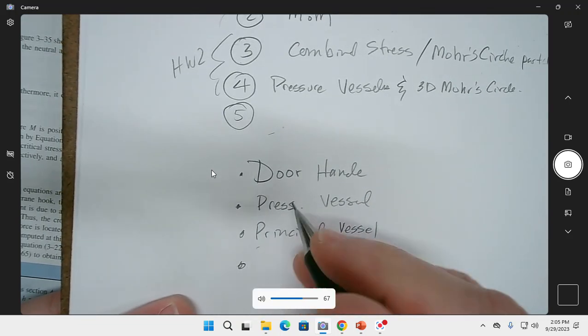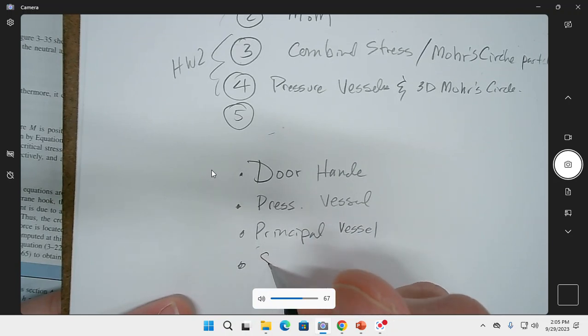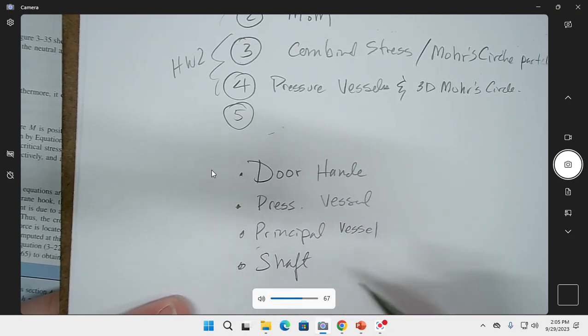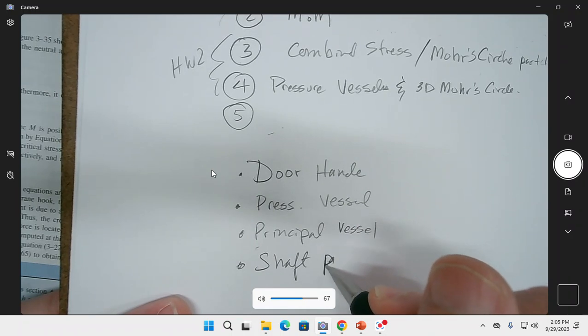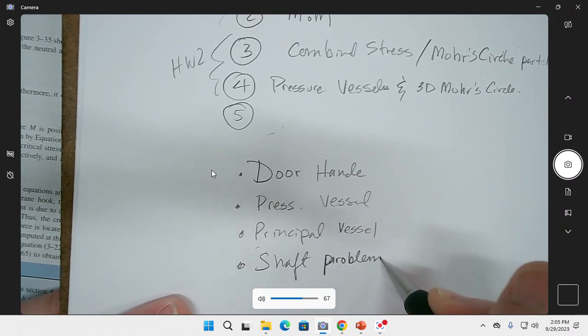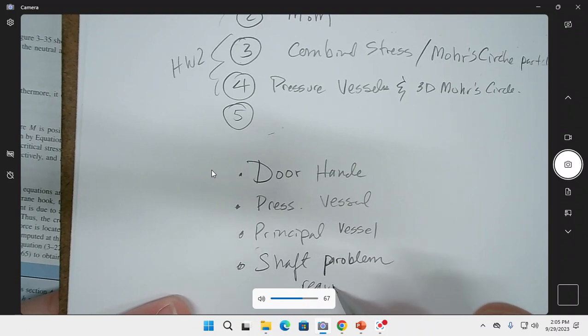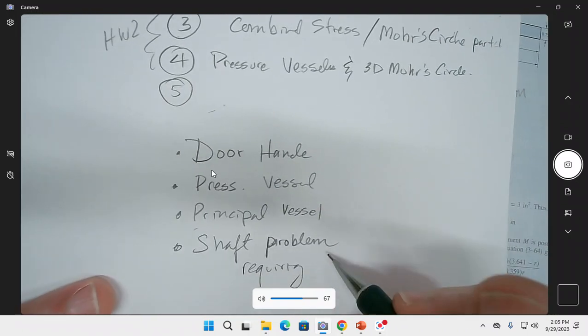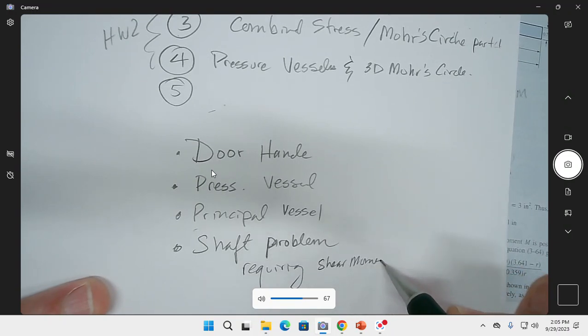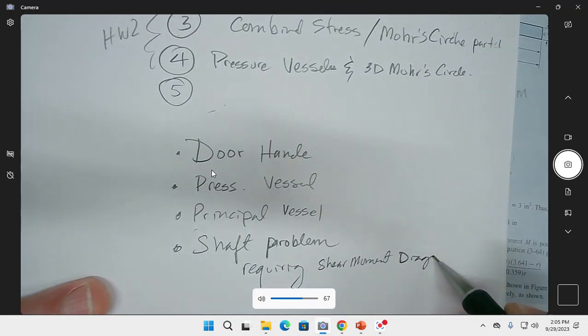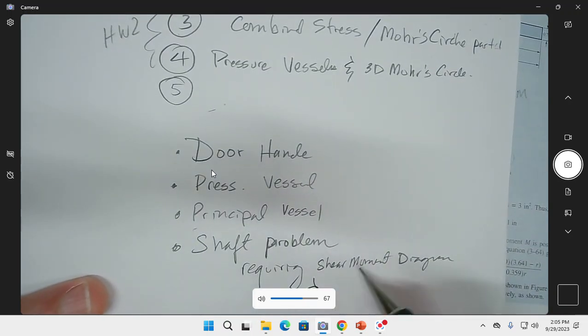And then lastly, shaft problem. I won't say it's a 3D shaft problem. If it was a 3D shaft problem, I could do it, but it would take too long. So a shaft problem requiring shear moment diagram and probably some type of torsional diagram and torsion.